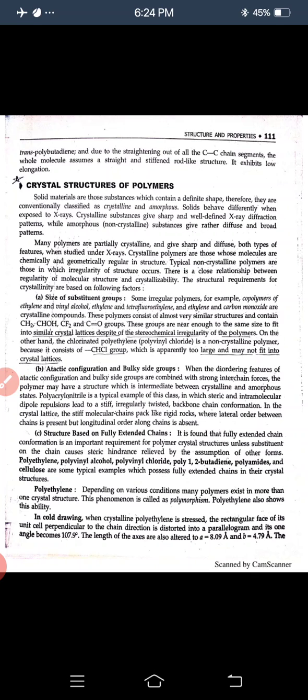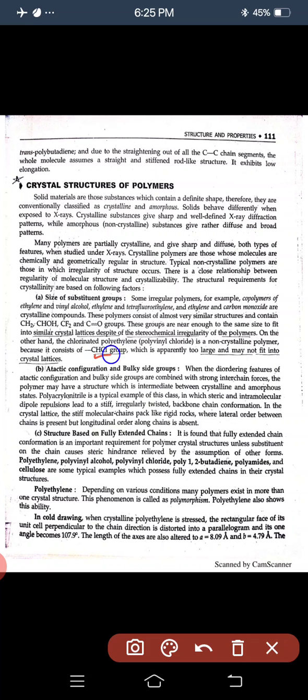These groups are near enough to the same size to fit into a similar crystal lattice despite the stereochemical irregularity of the polymer. On the other hand, chlorinated polyethylene, that is polyvinyl chloride, is a non-crystalline polymer because it consists of CHCl groups, which are apparently too large to fit into the crystalline lattice.